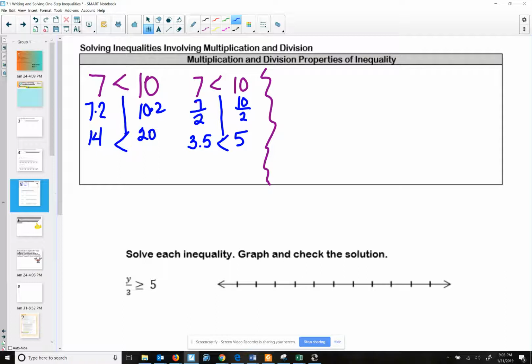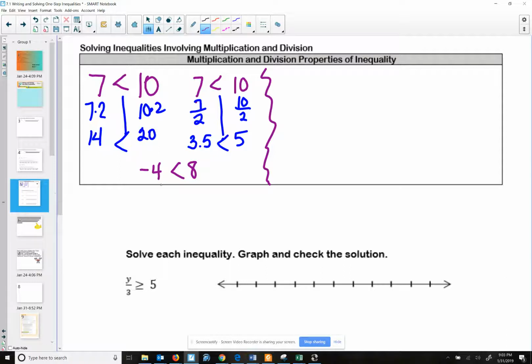Okay, let's just try one more in here. I'm going to squeeze in here. What if I had something like -4 and a +8? Now I know that -4 is smaller or less than +8. If I multiplied both of those by, let's say, even 3, pick a number like 3.